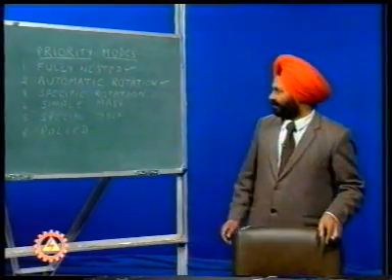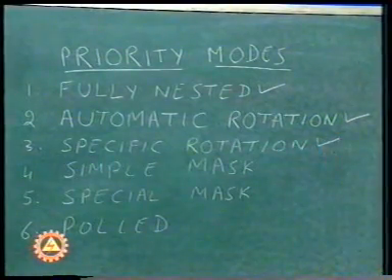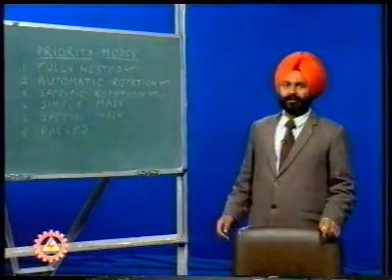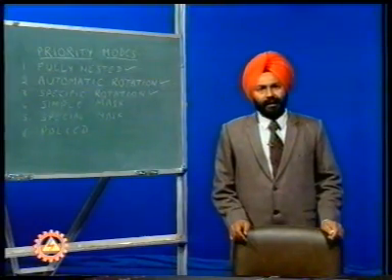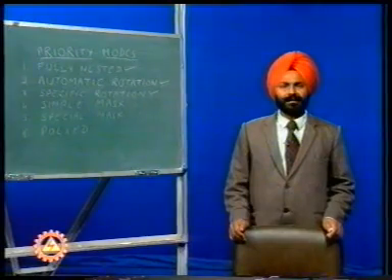A slight variation of this is the specific rotation mode. In this case, any time during the execution of the program, any interrupt can be assigned the lowest priority, so that the next interrupt has the highest priority.